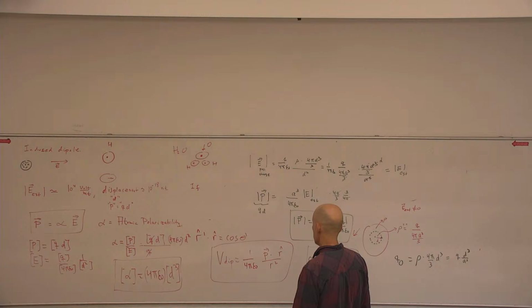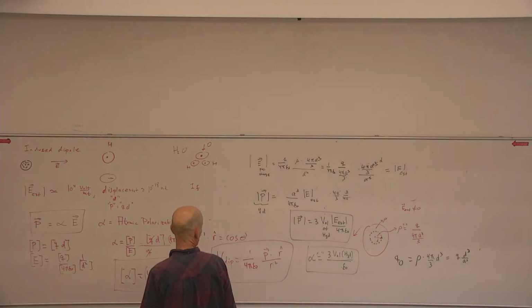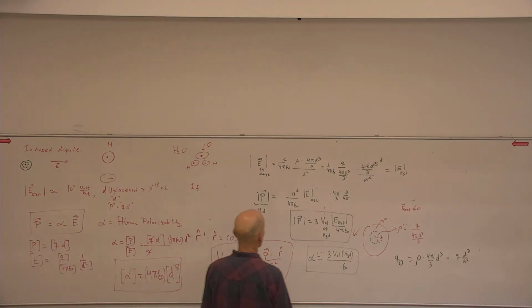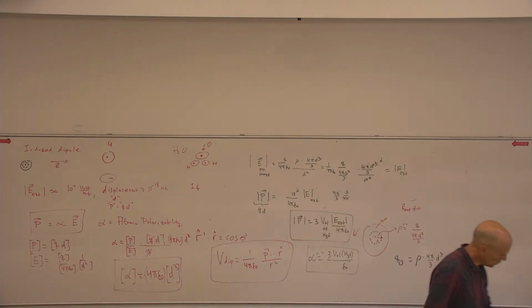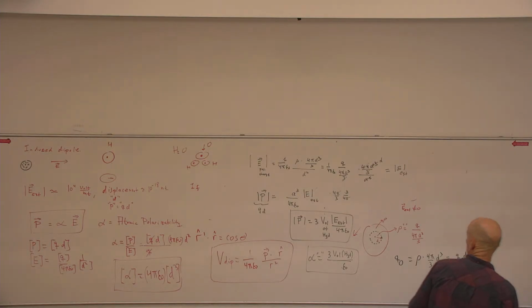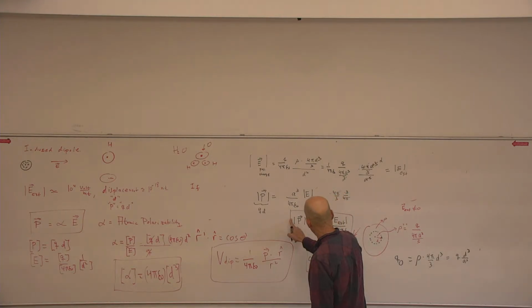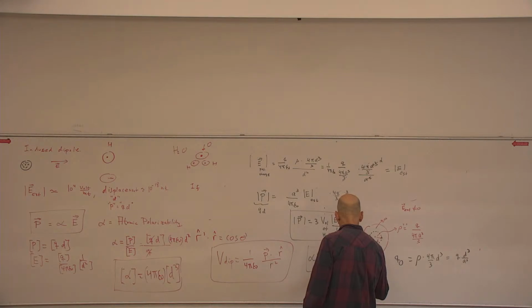The epsilon 0 should be on the denominator. The alpha. Oh, where did I make a mistake? One second, you're right. This here is wrong, because I take the epsilon to this side. This is epsilon 0. Thank you.